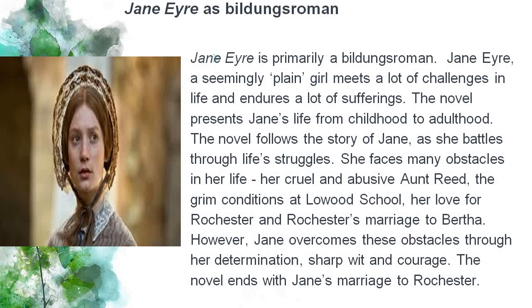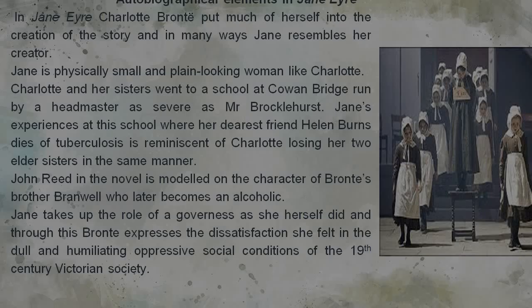She faces many obstacles in her life: her cruel, abusive Aunt Reed, the grim conditions at Lowood School, her love for Rochester, and Rochester's marriage to Bertha. However, Jane overcomes these obstacles through her determination, sharp wit, and courage. The novel ends with Jane's marriage to Rochester.